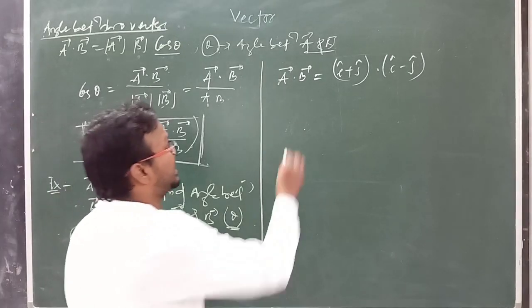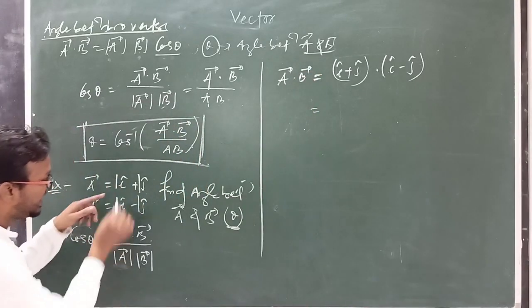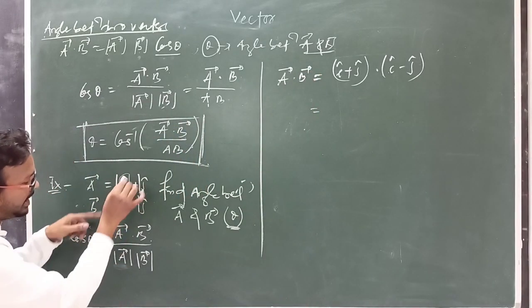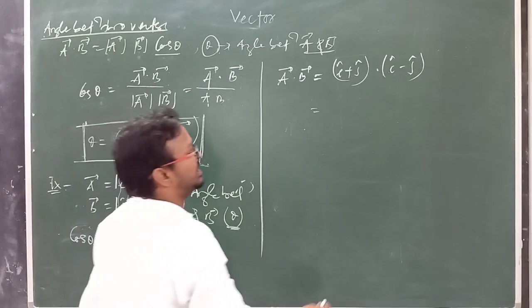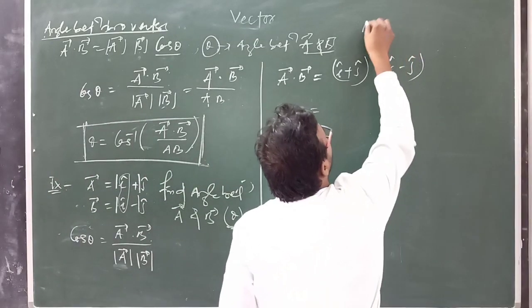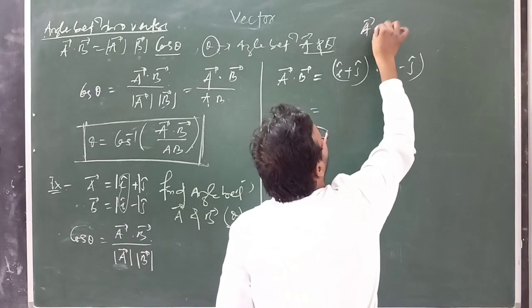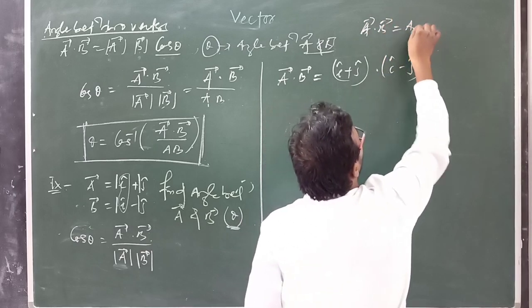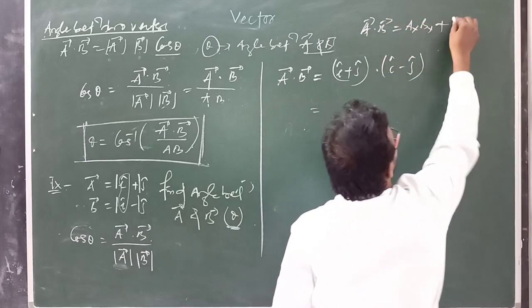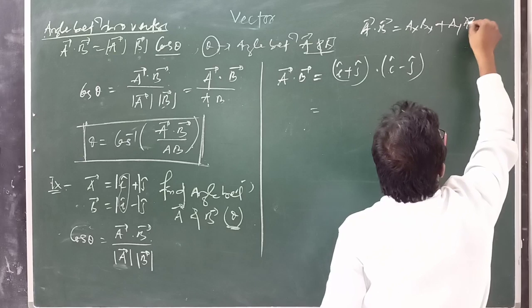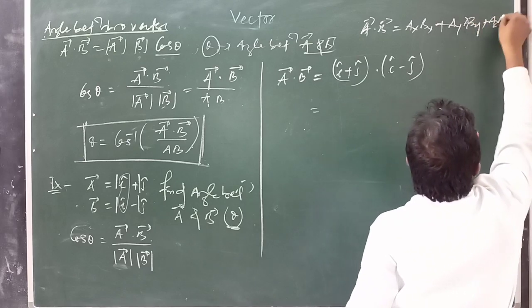So simply we can write the dot product of two vectors. If i cap and i cap are equal, then 1 into 1 means ax bx, so a dot b equals ax bx plus ay by plus az bz.